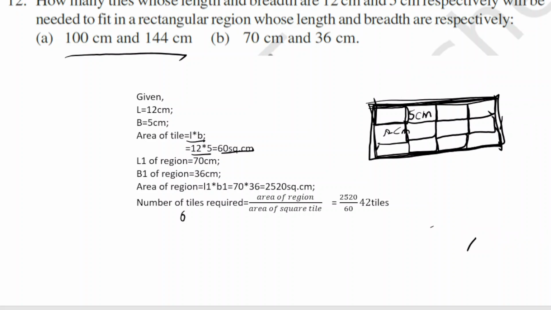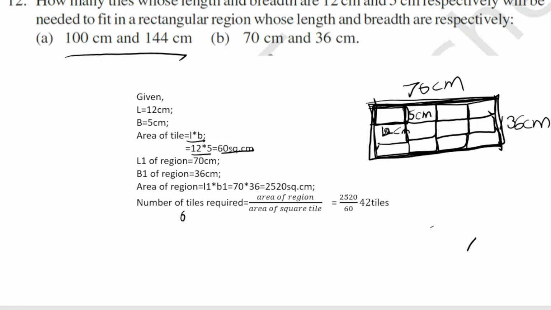but whose length is given as 70 centimeters. Here this is 70 centimeters and this is 36 centimeters, but we need to cover it with tiles whose length is 12 centimeters and breadth is 5 centimeters.